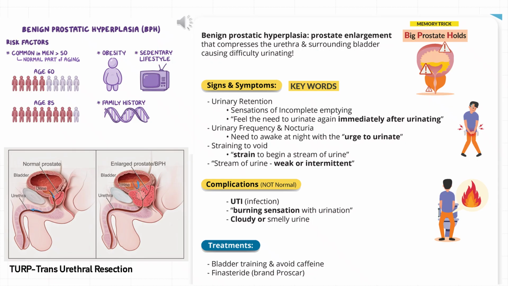So for mild symptoms of BPH, what we'll do is we'll avoid fluids in the evening, limiting caffeine and alcohol consumption, and just do a toileting schedule, and just managing symptoms, making sure that the patient is still urinating. We can give medications like alpha blockers that help to relax the bladder neck and decrease that prostate muscle from contracting.